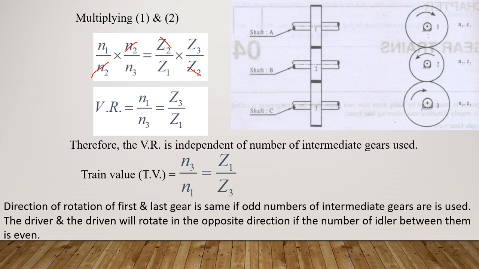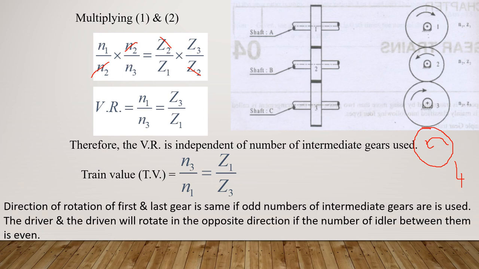Gears 1 and 3 rotate in the same direction, whereas the intermediate second gear rotates in the opposite direction. I will introduce one more gear here, the fourth gear. What will be the direction? Clockwise, anti-clockwise, clockwise, so this will be again anti-clockwise. So the direction will be the other direction.